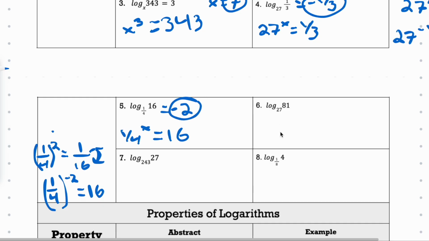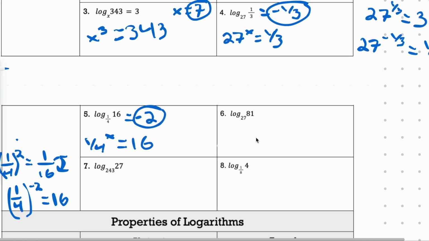Okay. Here for 6, we have 27 to the x power equals 81. So first, let's start with 81, because 81, I think we may be more familiar with. 81 is 9 squared, right?